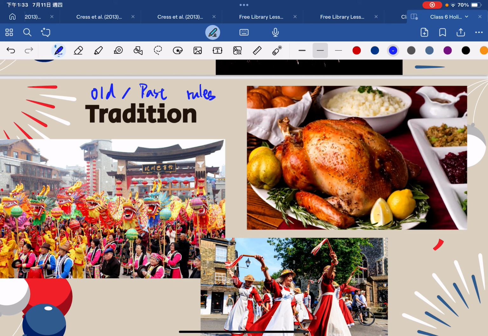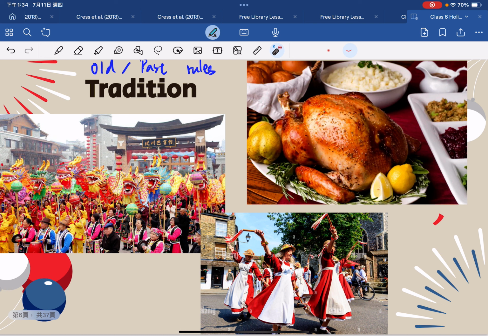So people have a tradition of having turkey on Thanksgiving. On the left, we have people raising a pole with dragons on it. This is a typical tradition for Taiwanese Chinese New Year, right?